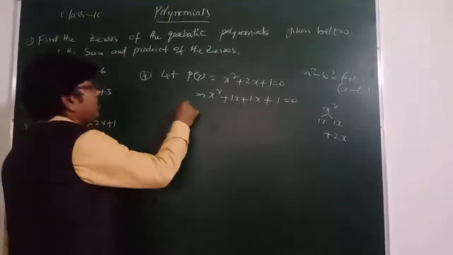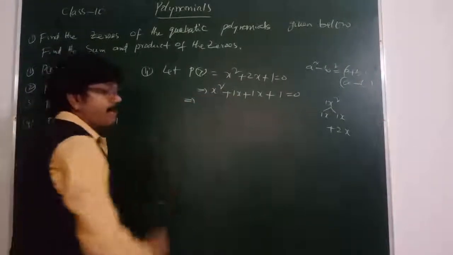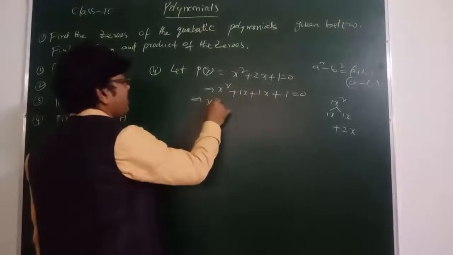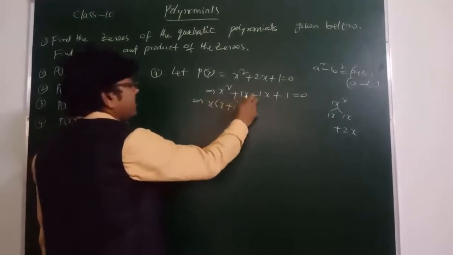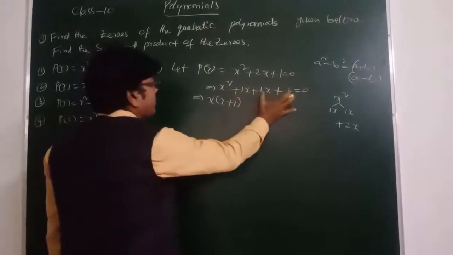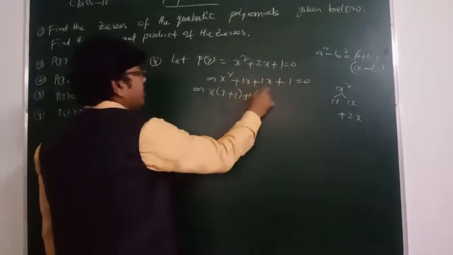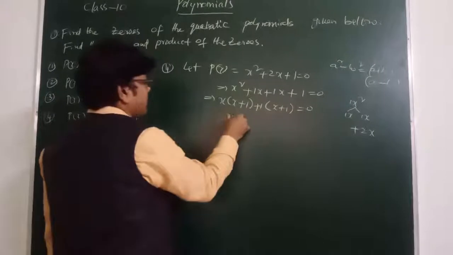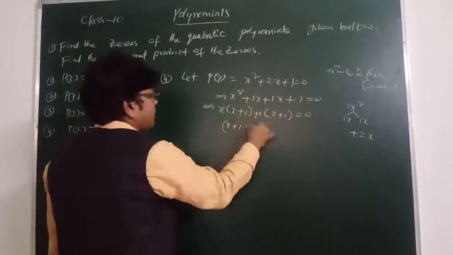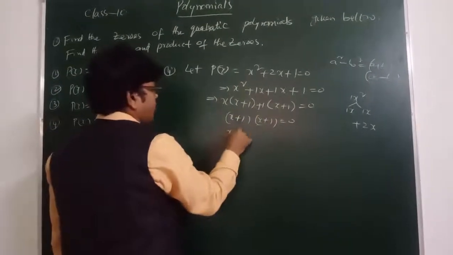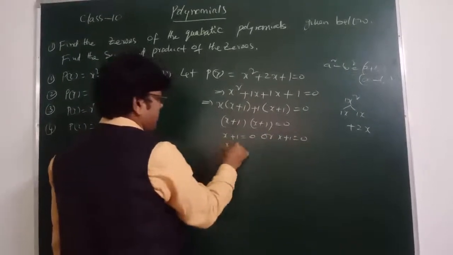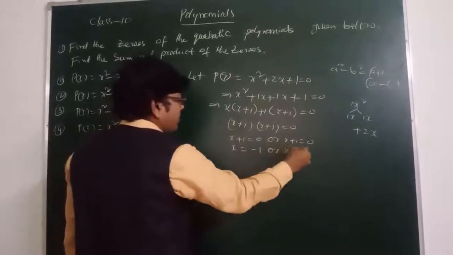Now take common. What is common? x is common in both terms, so we take common x plus 1. Then 1 plus 1, x plus 1, 0. Take x plus 1 common. x plus 1 equal to 0 or x plus 1 equal to 0. x equal to minus 1 or x equal to minus 1.